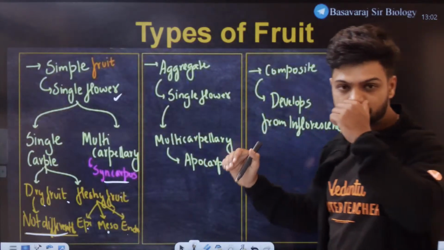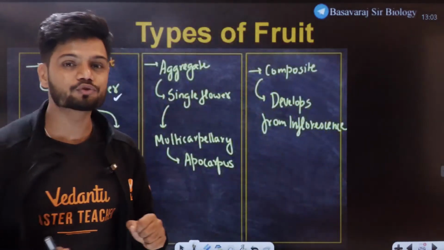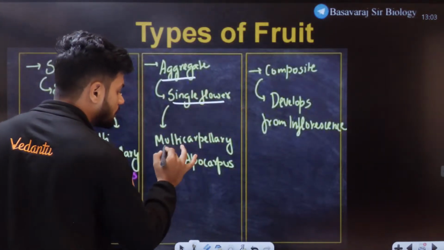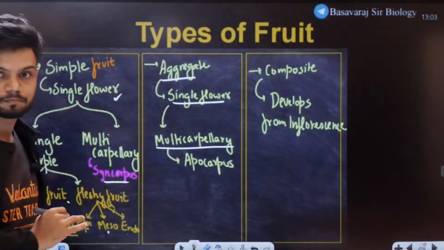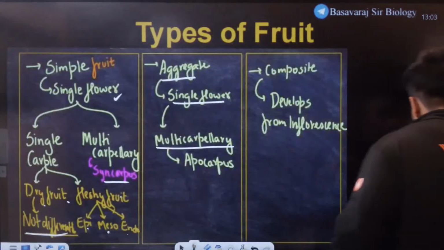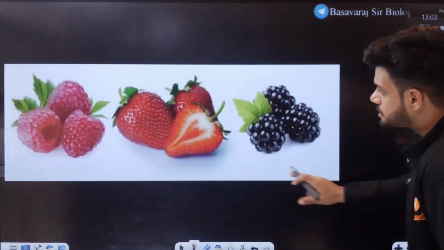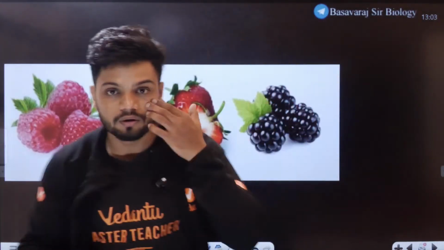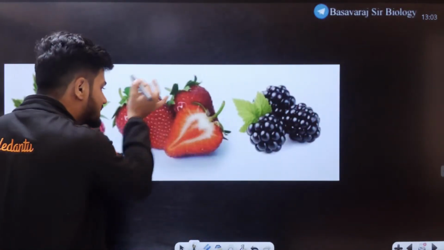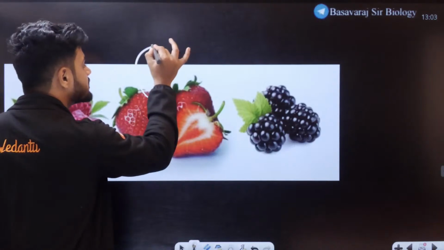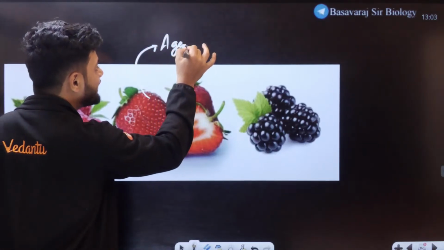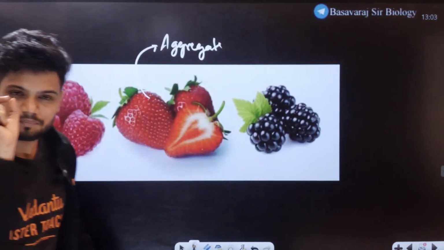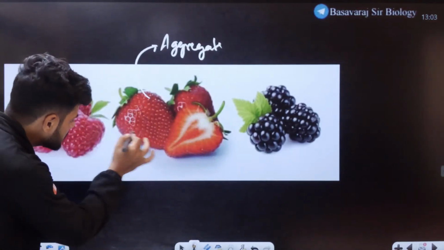But students, understand the aggregate of fruits. Today you will understand something new. In aggregate of fruit, there is a single flower with multicarpellary condition. How many of you have seen strawberry, raspberry and blueberry? What if I tell you that this entire fruit is actually an aggregate of fruit. Do you see each small round thing here?